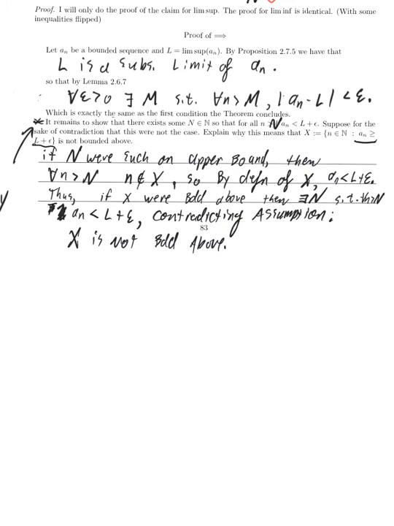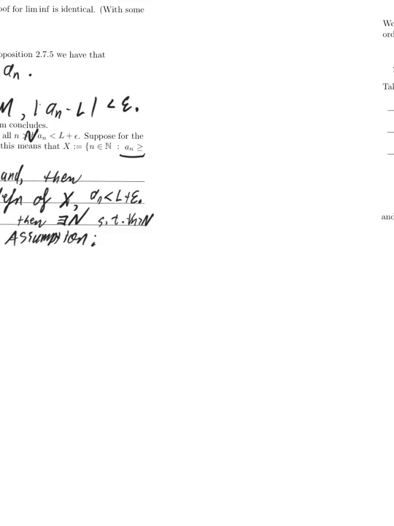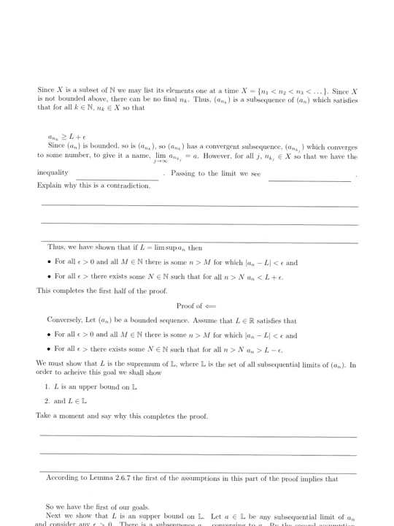And here's why I care about the set X not being bounded above. It's the same reason as I cared about sets not being bounded above in the past. If a set of natural numbers is not bounded above, then I can list the elements one at a time.